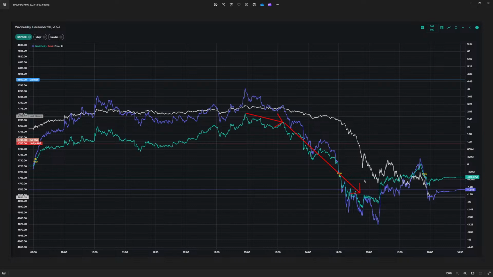So a lot of the flow yesterday was 0 DTE trades. So the early warning signal was the resistance at all the call walls, and then really the catalyst for the move lower was the large trades in 0 DTE options, driving price lower. And again, market makers had to sell futures to hedge their delta exposure.